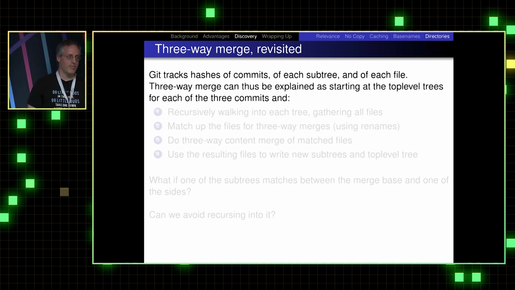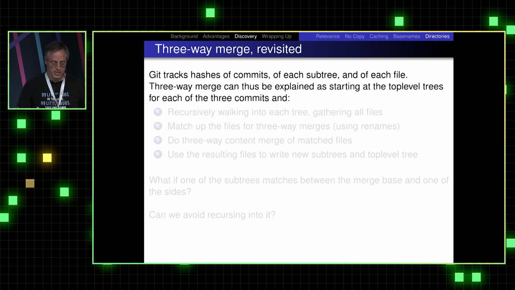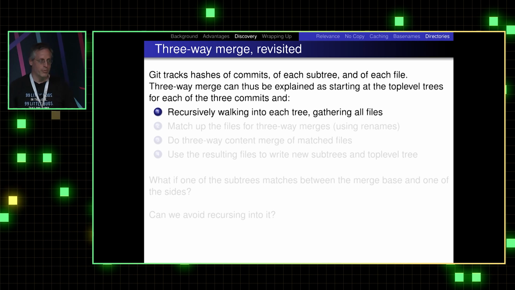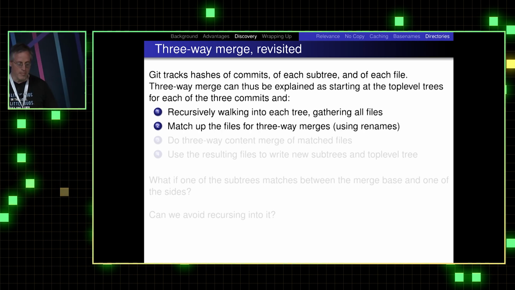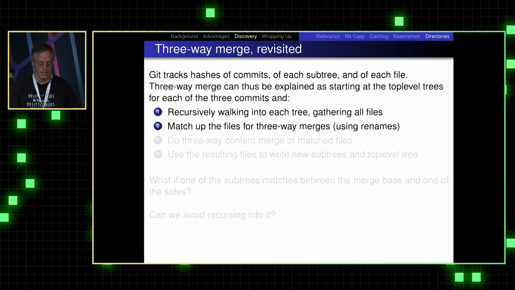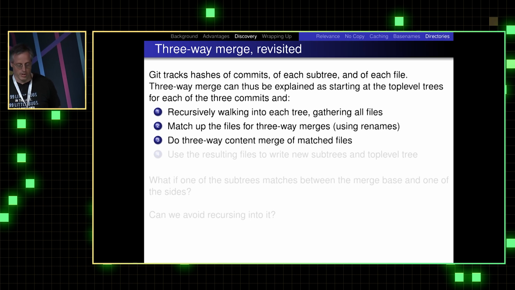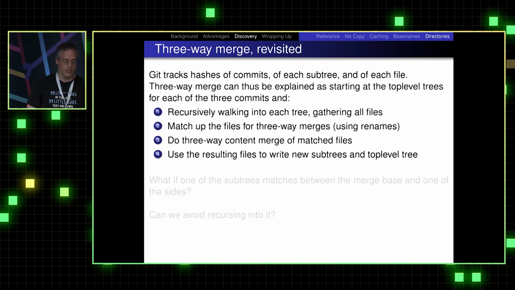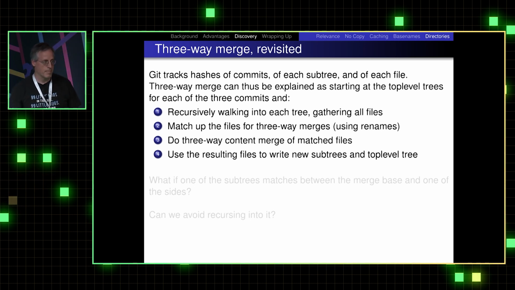And so you can think of the merge operation as first taking the top-level trees for each of the 3 commits, recursively walking into those trees to gather all the files, matching up files for 3-way merges based on renames that you've detected, doing 3-way content merges of those matched files, and then using those results to write new subtrees in a new top-level tree.